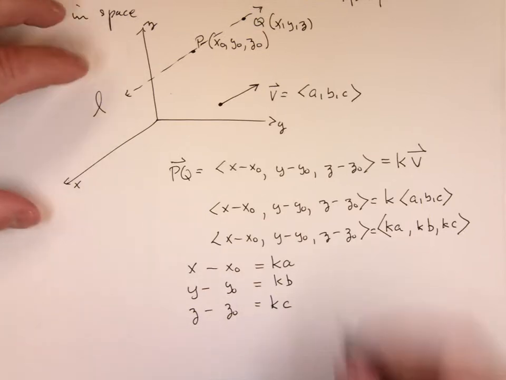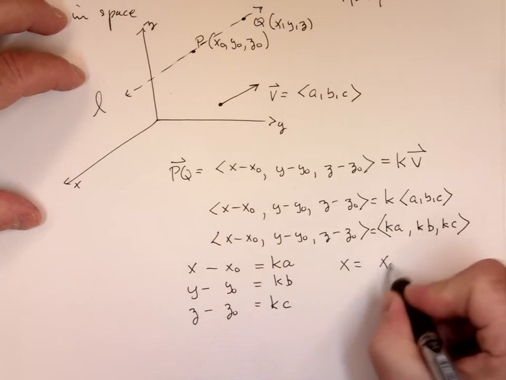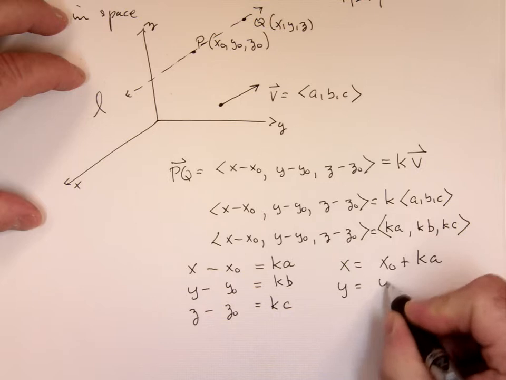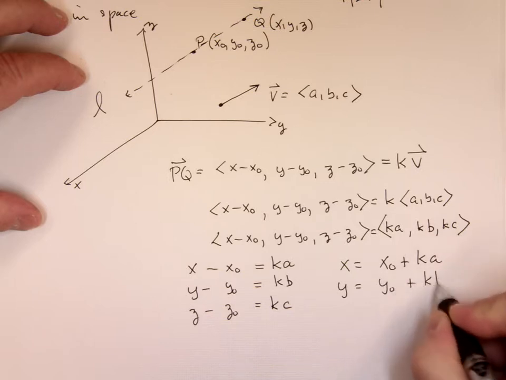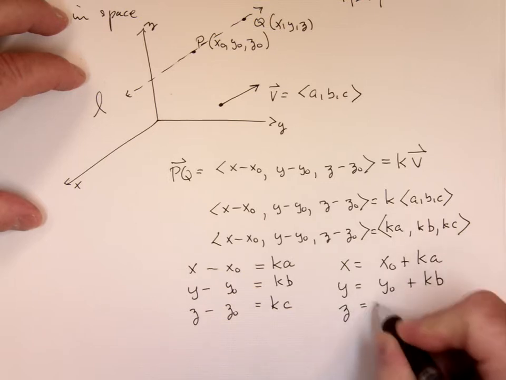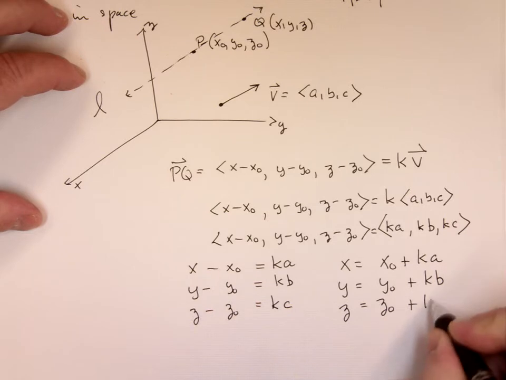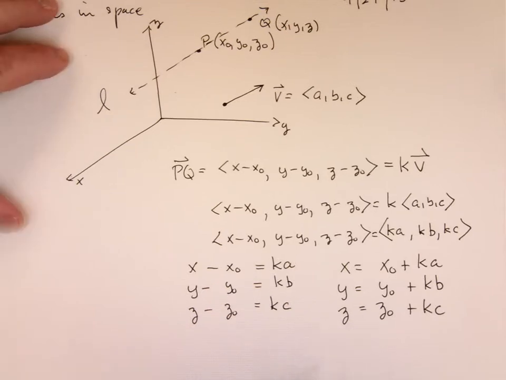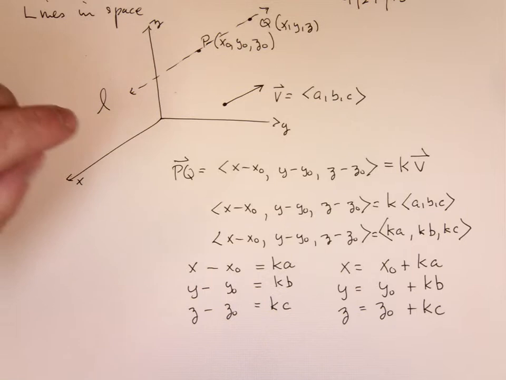Finally, x is equal to x sub naught plus ka, y is equal to y sub naught plus kb, and z is equal to z sub naught plus kc. This is called a parametric form for the equation of a line in space. It's called a parametric form because it's in terms of a parameter k.